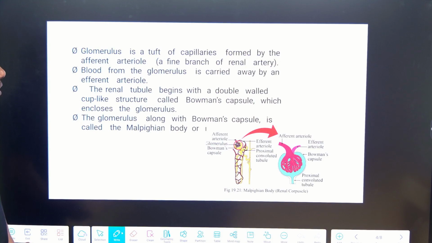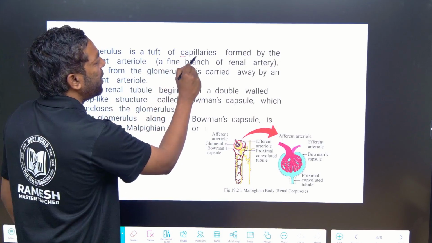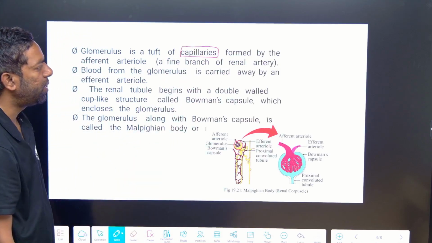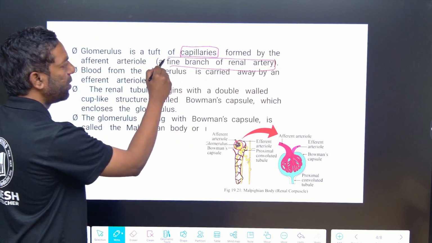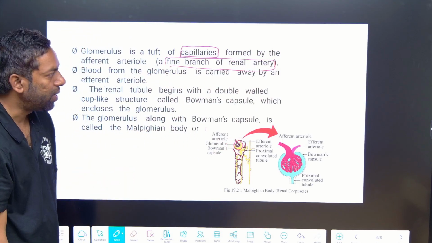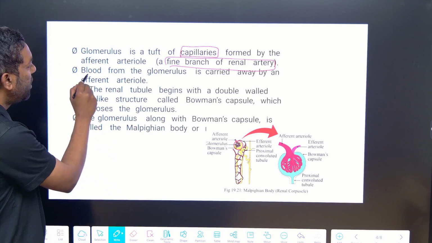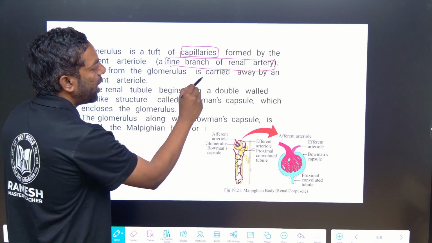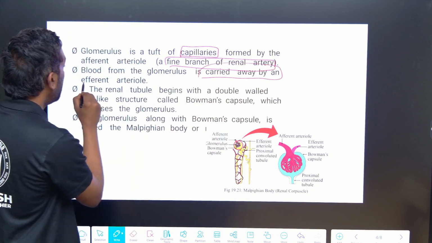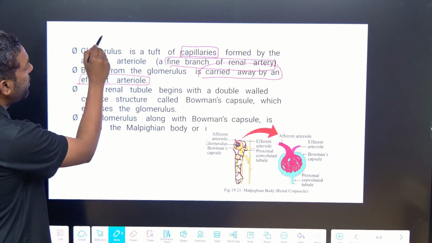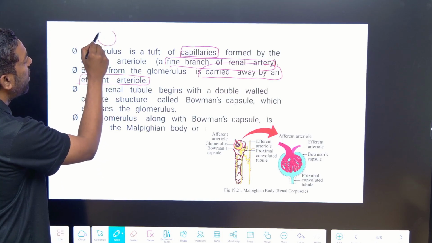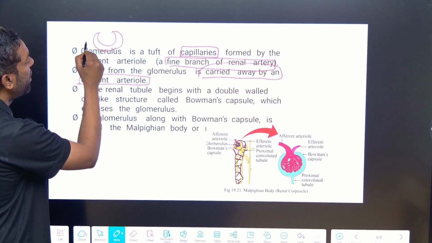Glomerulus is the capillary network, the fine branch of the renal artery. The blood from the glomerulus is carried away by the efferent arteriole, as we said. This is the glomerulus, this is the Bowman's capsule.